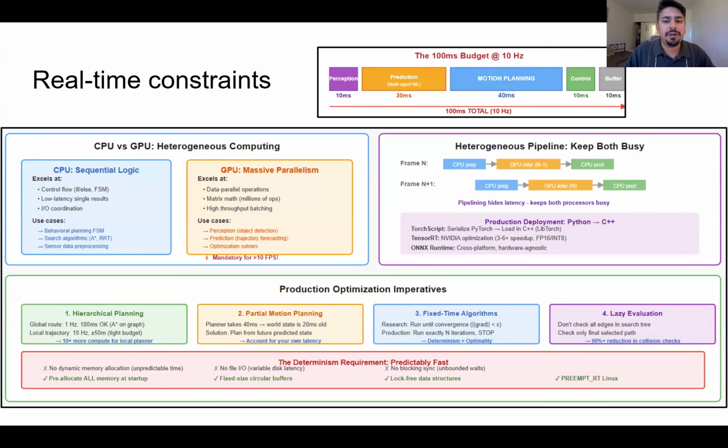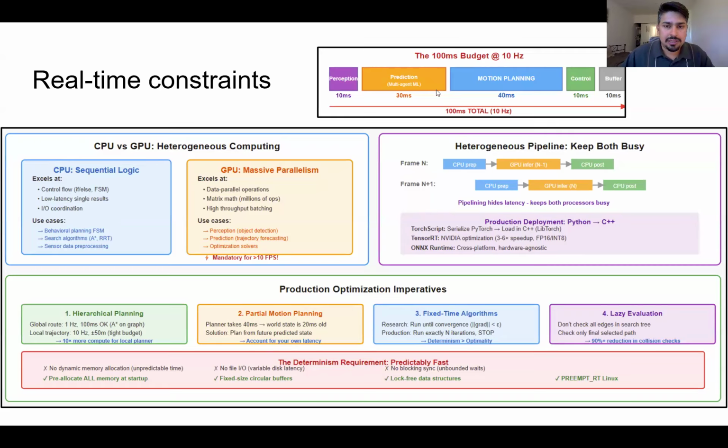By fast, I mean 100 milliseconds end to end from perception to control is the ideal timeline. In some cases that will not happen, and you might end up at 200 milliseconds, but you don't want the end-to-end latency to be a second or half a second, because then you are acting on stale data and you will make suboptimal decisions.